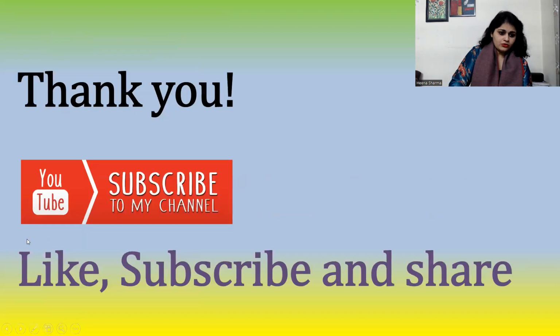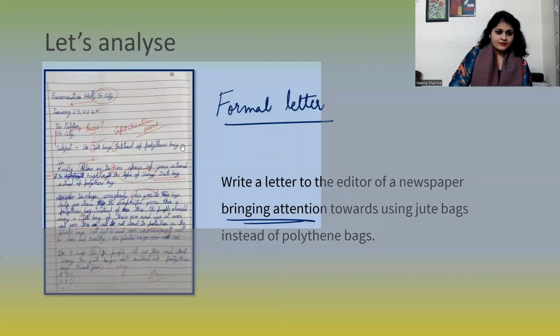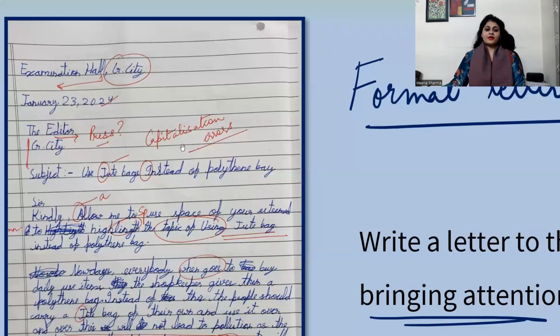So allow me to make you understand this. See, examination hall. Now, here, examination hall has been written, but along with that, the child has written G City. Now, this is not following the format at all.